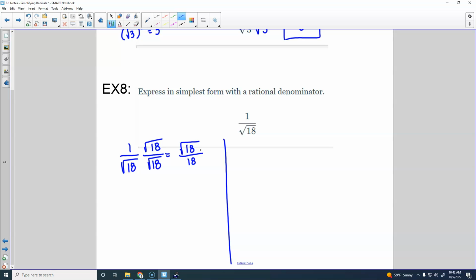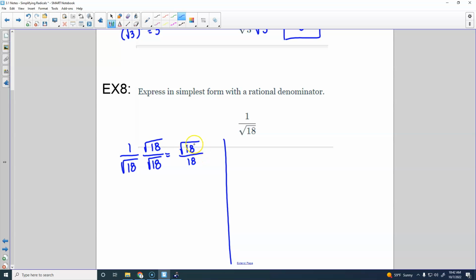Does this reduce? It does not, because the top is underneath the square root and the bottom is not.